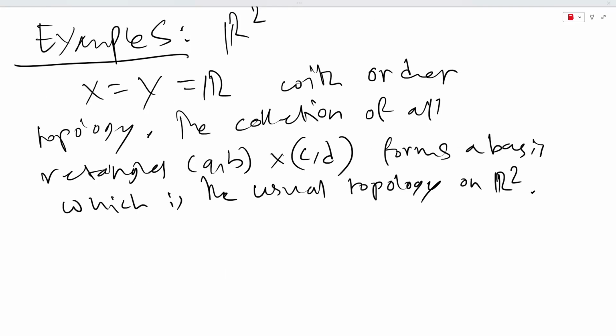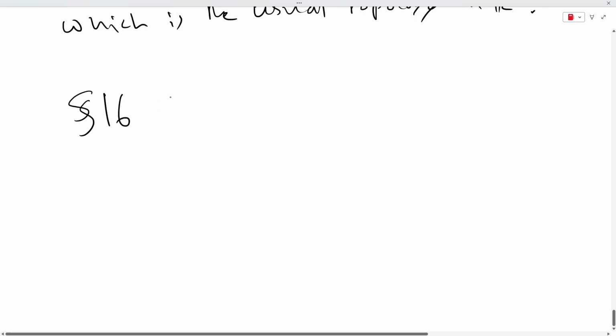Okay guys, I'm back. Now I'm going to be covering the subspace topology. So this is section 16, the subspace topology.